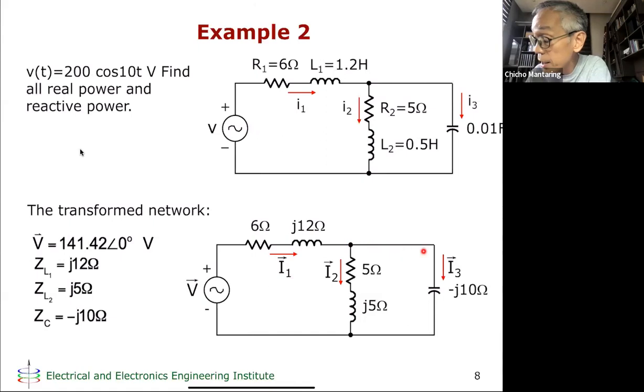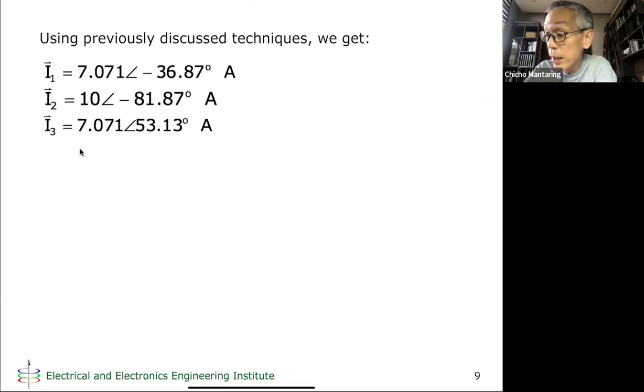You define this as a node voltage, this as your reference, and then you write your nodal equations. You're going to be able to solve for these node voltages, and once you get them, you can compute I1, I2, and I3 from the node voltages. So I'm not going to go through that anymore. You should have had enough practice doing that. And these are the answers that will come out, the values for I1, I2, and I3.